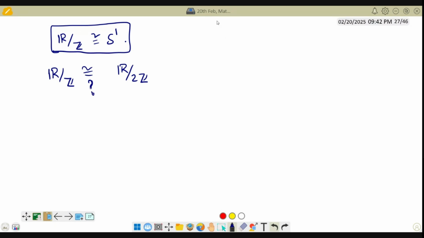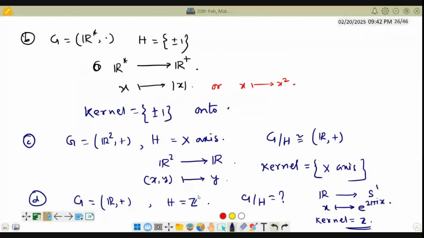I have a doubt, sir. Sure, please. In D, G is equal to R plus, right? H is equal to Z. You are asking G mod H is isomorphic to what? Sorry, which option are you talking about?